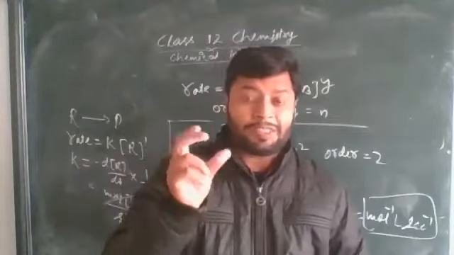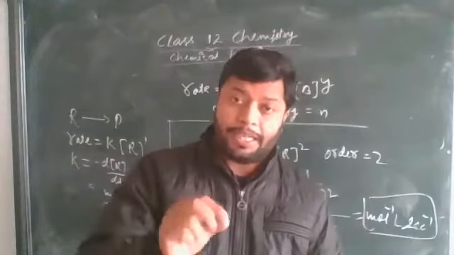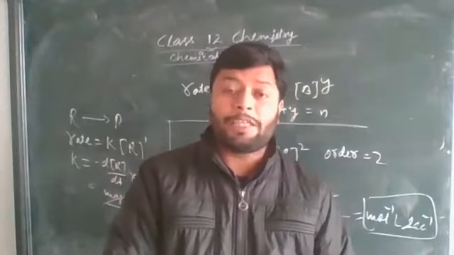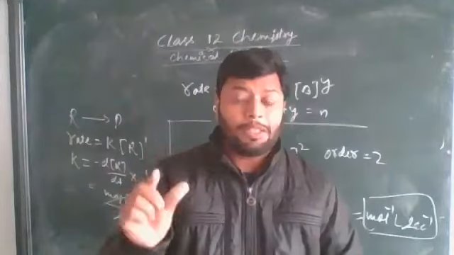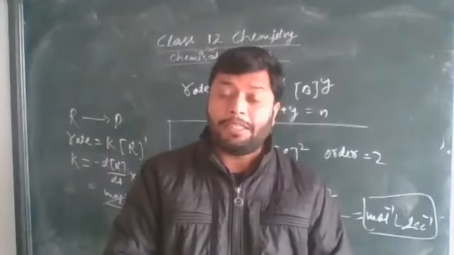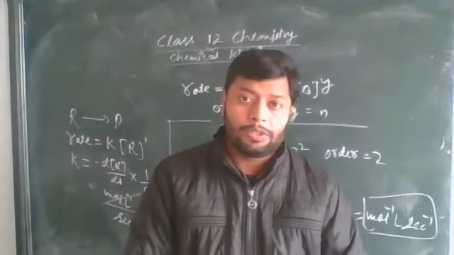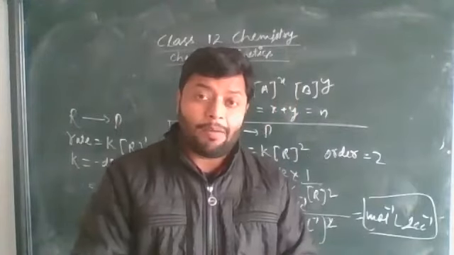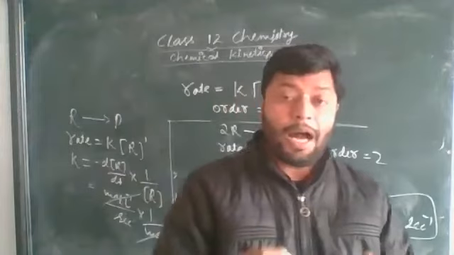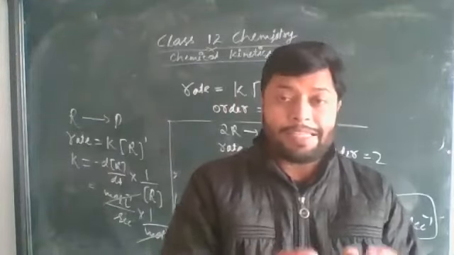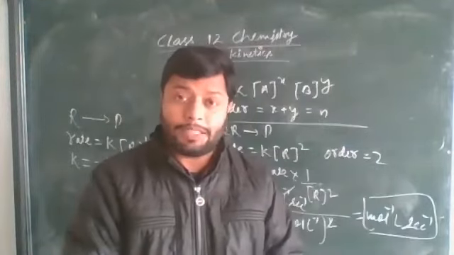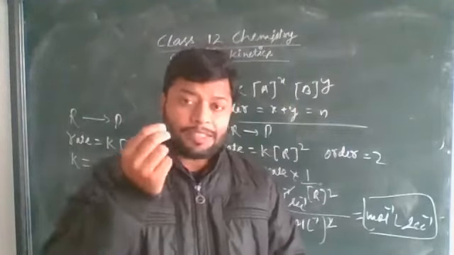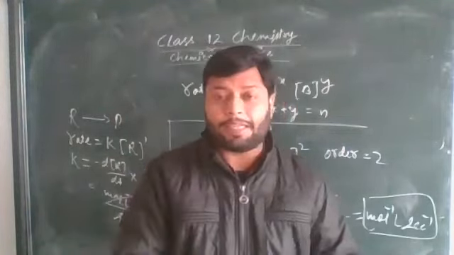So the number of species of reactants present in the slowest step are the molecules that actually determine the rate of reaction. The number of species or molecules involved in the slowest step, or rate determining step, is called molecularity. It can never be 0 because at least a single particle will be involved in the rate of reaction.